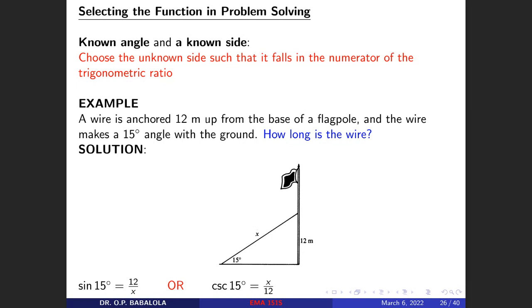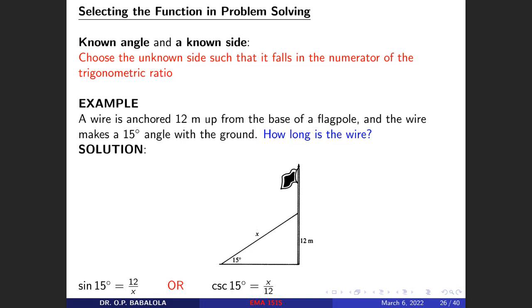When you want to choose a trigonometric ratio to use, you might do it in your own way, but it's easier to choose a trigonometric ratio that would have the unknown side fall at the numerator. Okay, so that is actually an easier way to choose and solve for the unknown side.